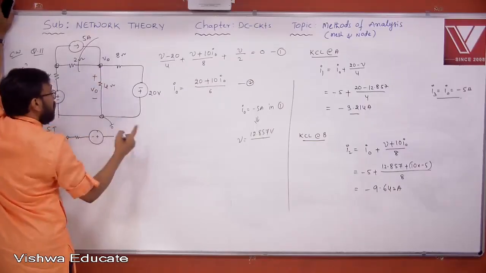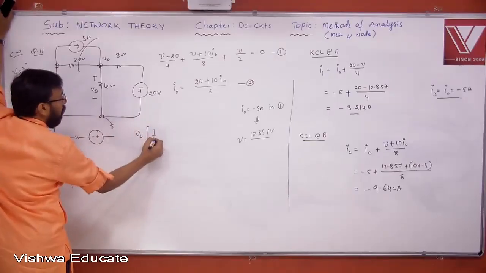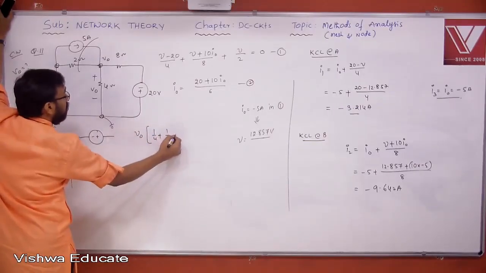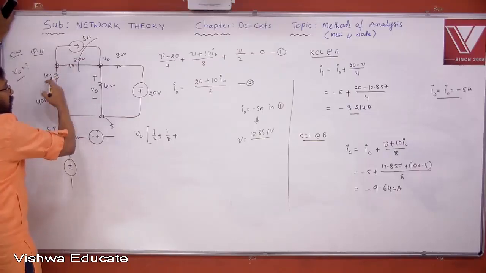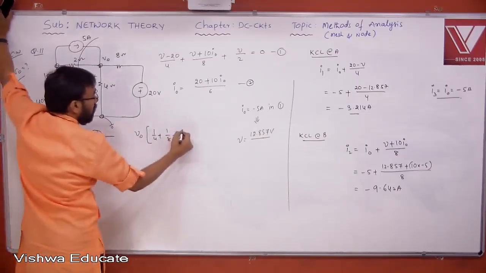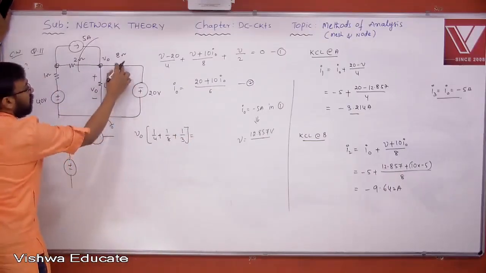Source transformation and inspection, if you apply both at a time, then 1 by 4, 1 by 8, 1 by 2 plus 1. After transformation, the resulting network will be in series. Yes or no? So 1 by (2 plus 1) is equal to minus 20 by 8.